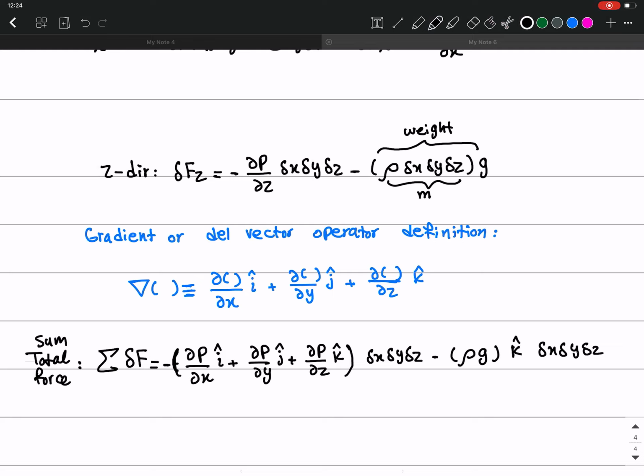And so if now you look at this gradient or del vector, you can see this is actually the definition we had. So I can just put it down here. This is just the definition of a del vector, a gradient vector, right? So I can just write it down as gradient of P, which is the gradient of pressure, and we call it the pressure gradient.